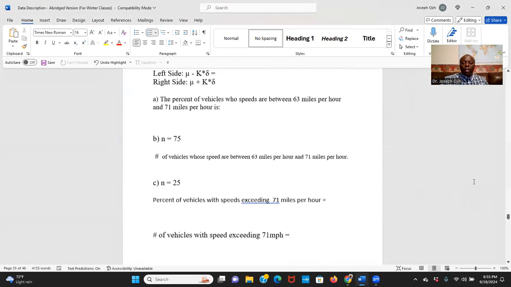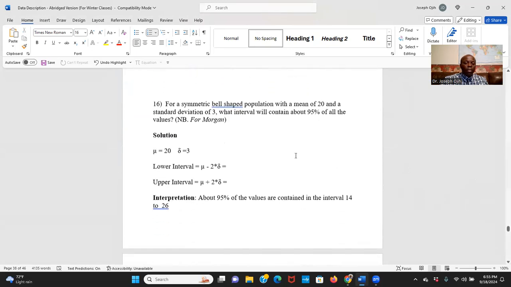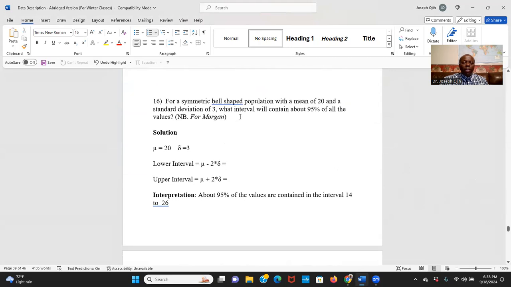It says here, for a symmetric bell-shaped population with a mean of 20 and a standard deviation of 3, what interval contains 95%? So first of all, we write our mean and the standard deviation.